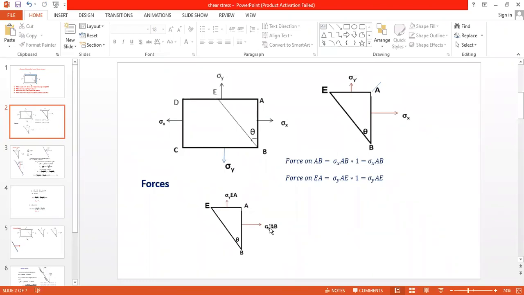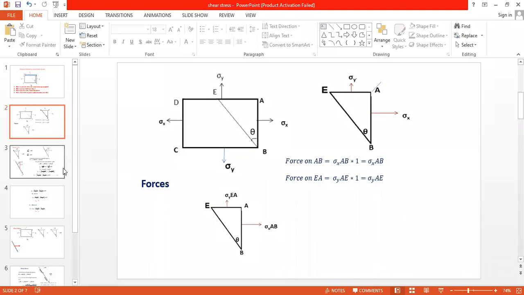Now when we extend the line of action of these forces on EB, these forces are not normal to this EB, not tangent to this EB. So we have resolved these two forces into two components. One component is normal to EB and one component is tangent to EB.